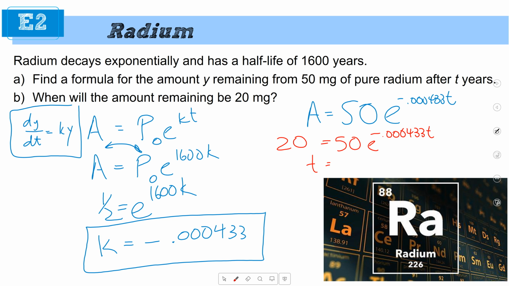Sounds good to me. And so, you got something close to that? You got 2160. Did you store your number? What did you all get? 2,115 or 2,116?